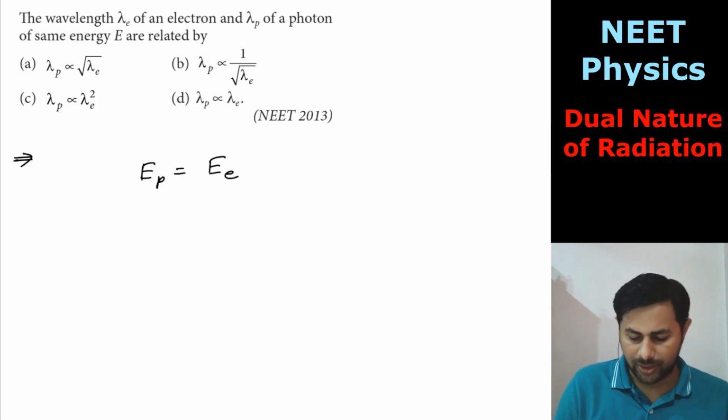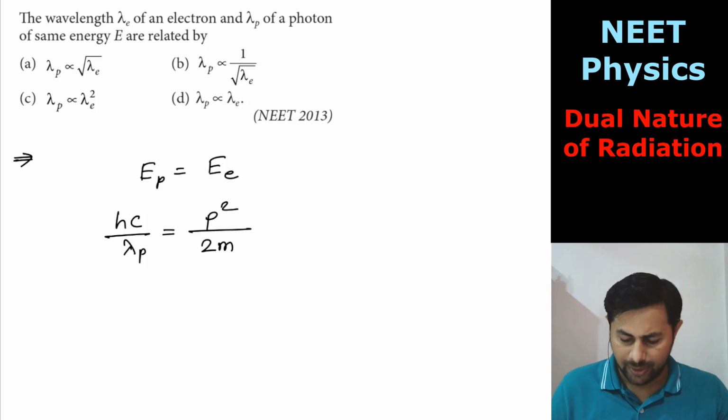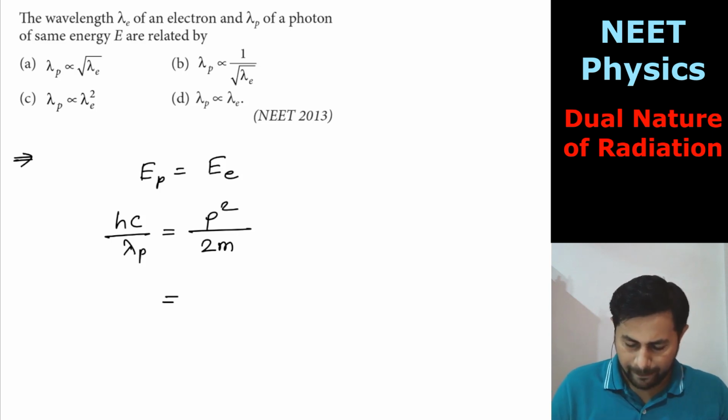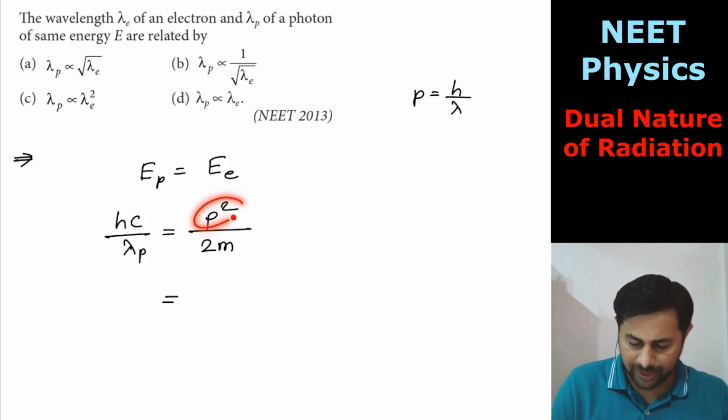So we can put the formula in terms of wavelength. So it is hc by lambda p is equal to energy of electron, which can be written as p square by 2 times its mass, right? And p is inversely proportional to lambda. P is equal to h by lambda. Okay, so let's put that.